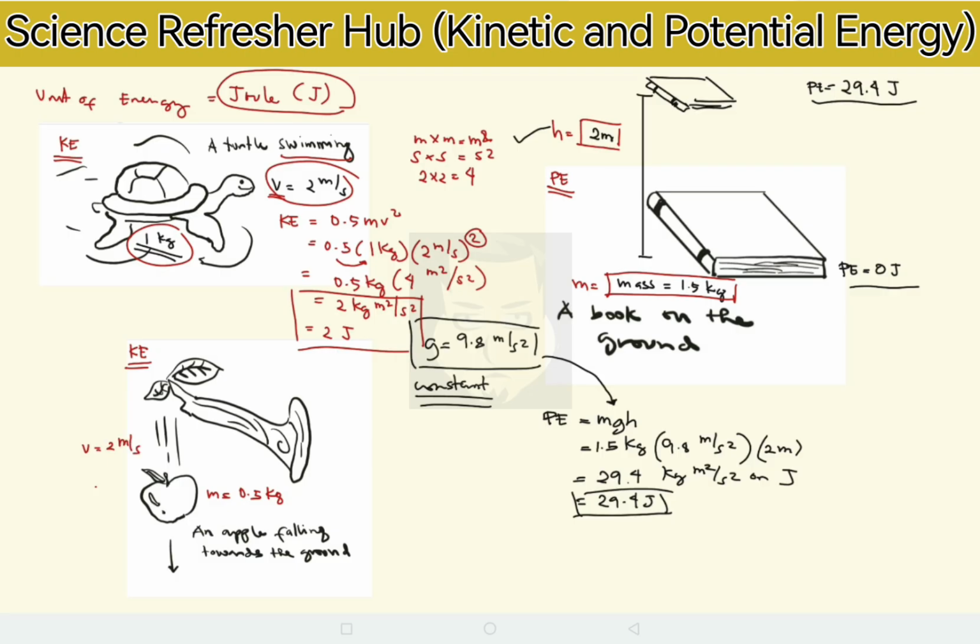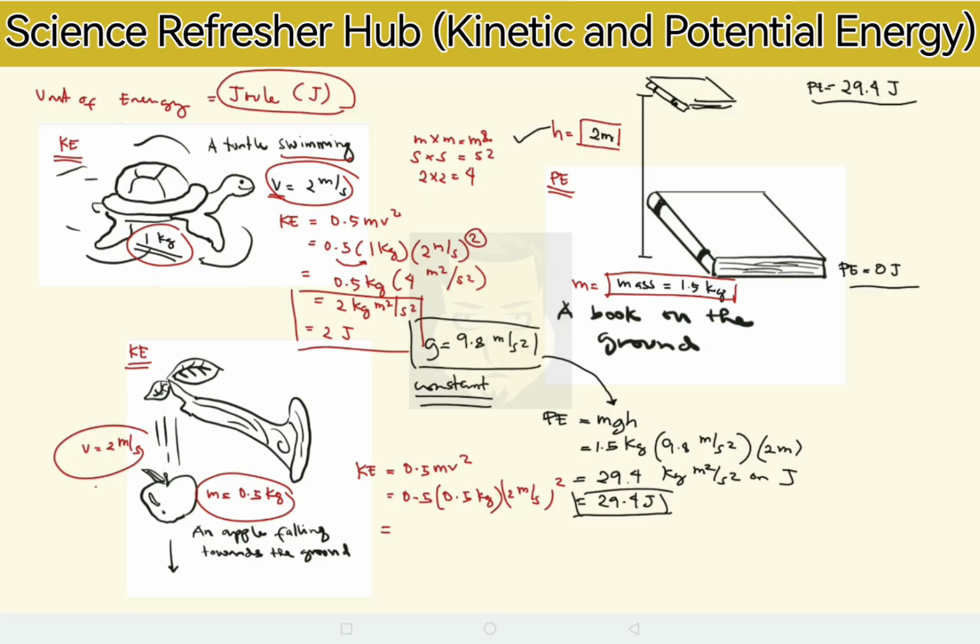Let's still use 2 meters per second. So our formula to get the kinetic energy of the apple is 0.5 mass multiplied by velocity squared. So 0.5, we substitute the mass of the apple, kilogram, multiplied by the velocity, 2 meter per second. And don't forget to square it.